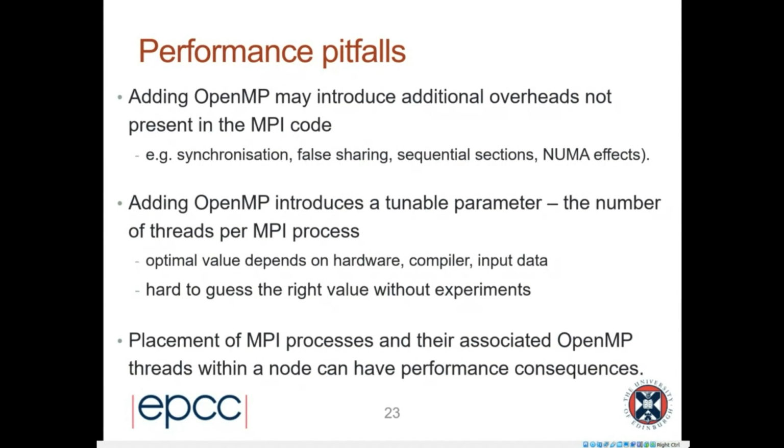Again, there are performance pitfalls. OpenMP can add additional overheads not present in the MPI code: synchronization, false sharing, which is a cache effect, and NUMA effects. The main problem is that if you think of an ARCHER2 node, it has two 64-core CPUs.